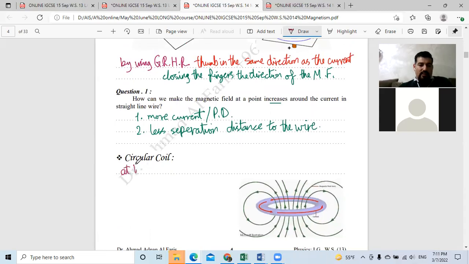At the center, the magnetic field is uniform and perpendicular to the plane of the circle, or to the coil.